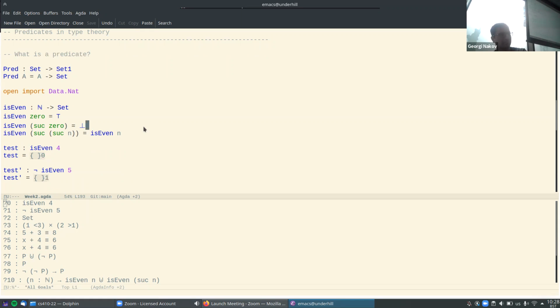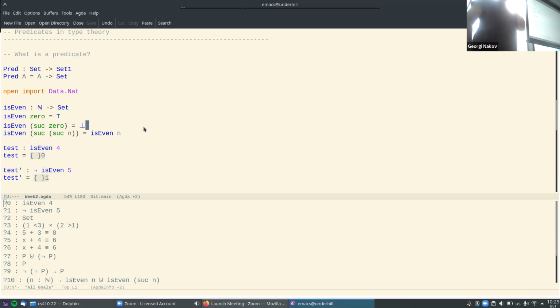On the other hand, if the number is 1, then I'm going to make it really difficult for you to convince me that 1 is even, by saying falsity is the evidence that I would accept for the evenness of 1. And then if the number is at least 2, you can convince me that your number is even by subtracting 2 and giving me the evidence that that number is even.